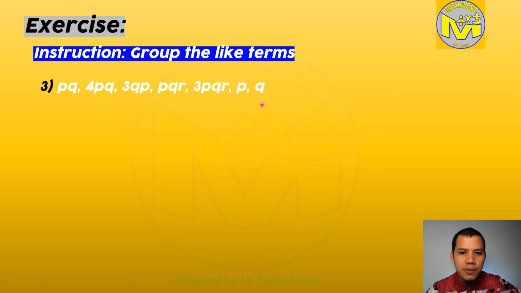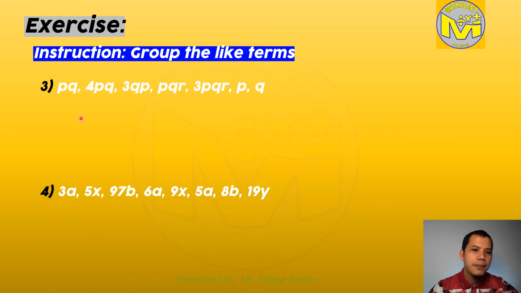P and Q do not belong to any group because P is just 1, Q is just 1. But PQ, we have 3 PQs. PQ, 4PQ, and 3QP or PQ. Write it down.